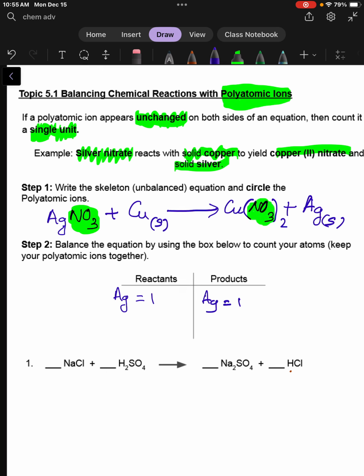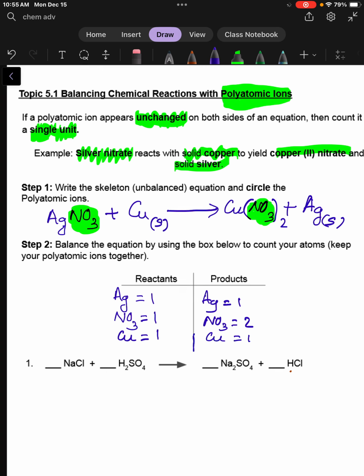So instead of splitting that into nitrogen and oxygen, I would prefer to write it as a single unit. That is the additional rule. So there is one NO3 here because it is a polyatomic ion. You are not seeing a parenthesis. There is only one. On the right hand side, outside the parenthesis, there is a number 2. That means there are 2 NO3. Then write copper, which is 1 on the left, 1 on the right.